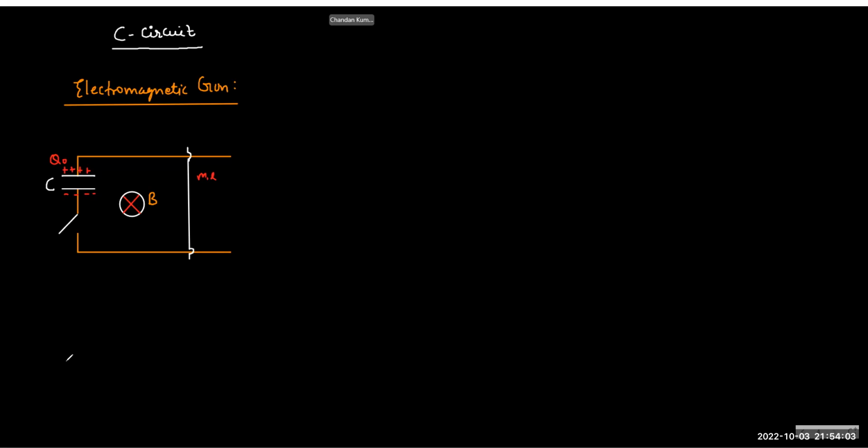But as the rod accelerates, it will have velocity, and as it has velocity, it will act as a cell, and it will oppose the incoming current. So a time will come when the potential across the capacitor and the potential across the rod will become equal, and therefore no extra current will flow in the circuit. In a way, again the rod will attain the terminal velocity.